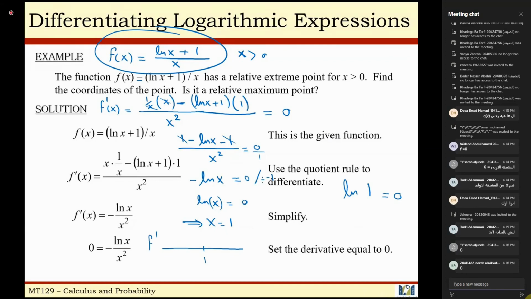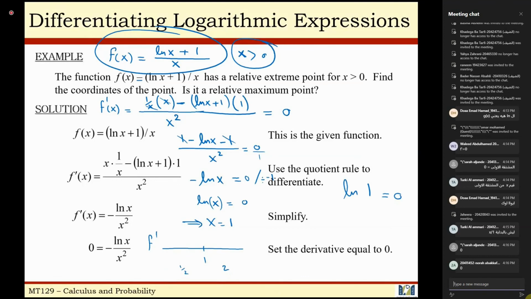How can we check? Substitute, for example, take a half. We cannot substitute 0 or 1 because x must be greater than 0, and take 2.